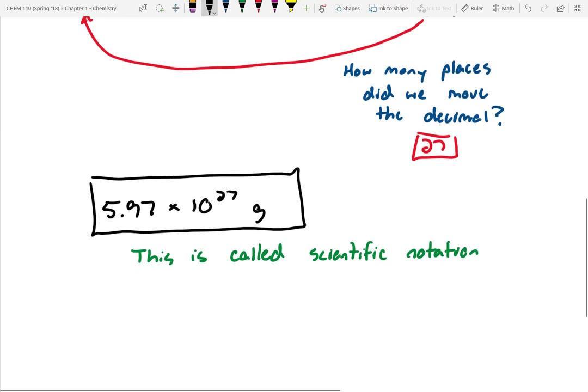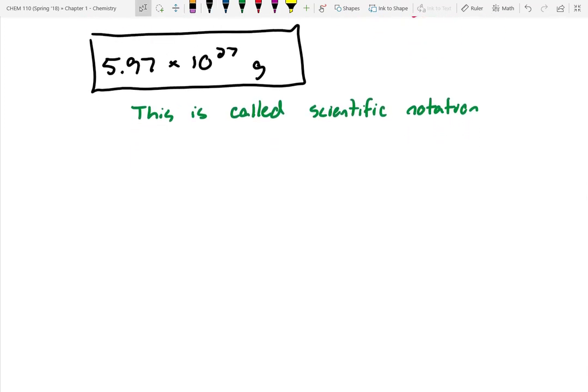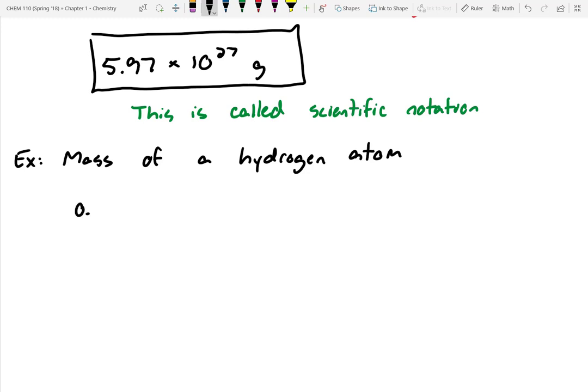Let's do another example at the opposite extreme. And we'll do the mass of a hydrogen atom. And you can imagine a hydrogen atom is going to be incredibly small. Again, we're going to have a lot of zeros. Let me do some counting here.